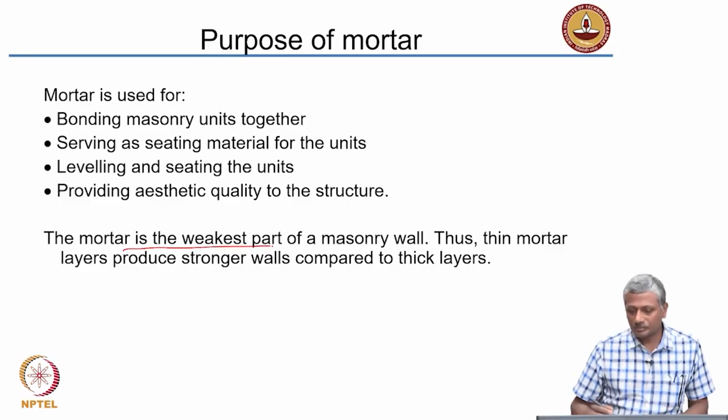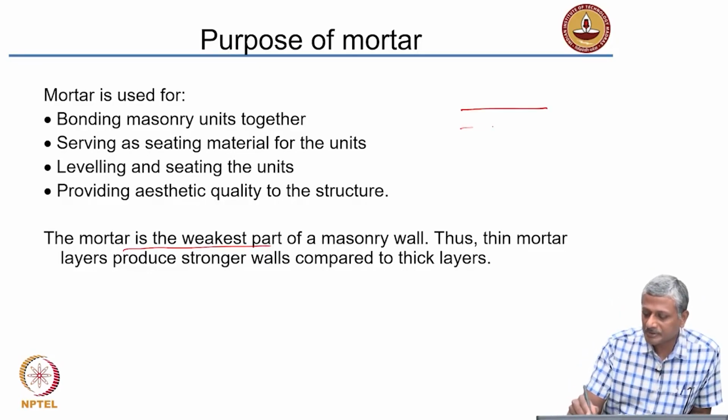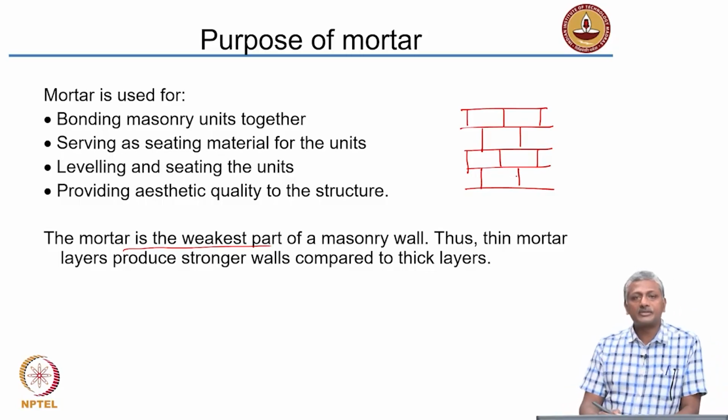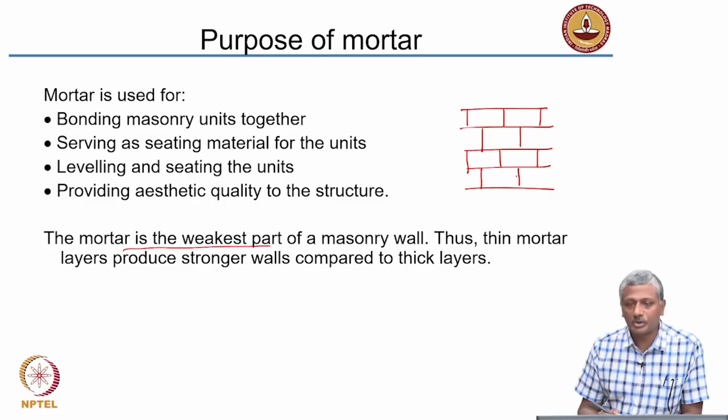Now, why is this so? Again, let me just draw a simple masonry wall and draw the joints like this. Okay. So, masonry wall has been drawn with the mortar joints.